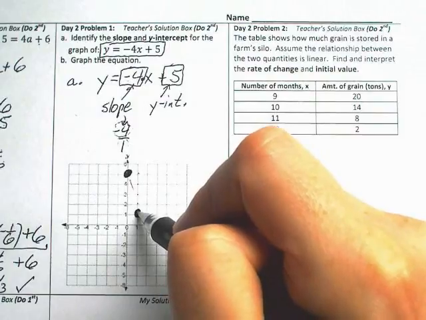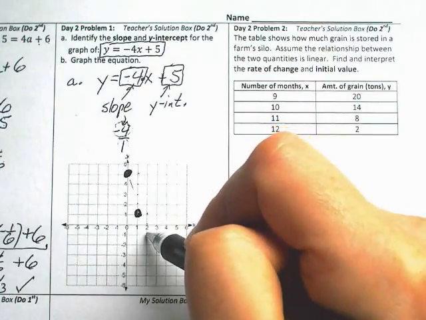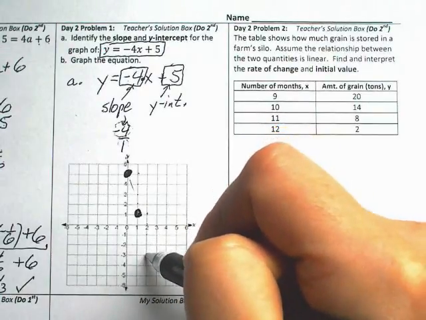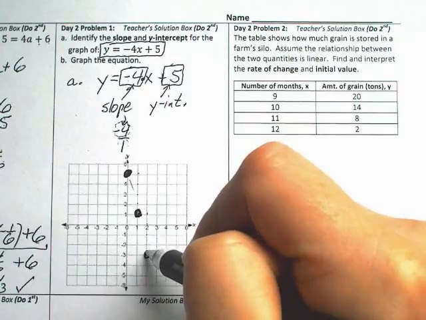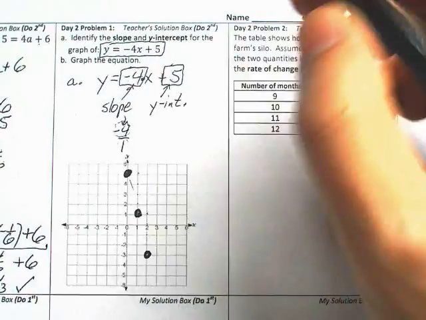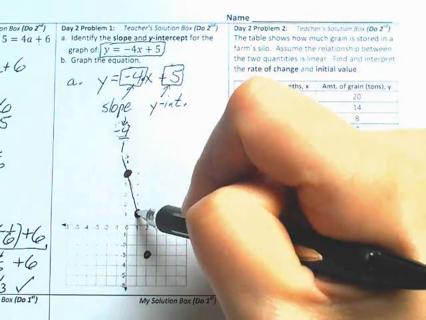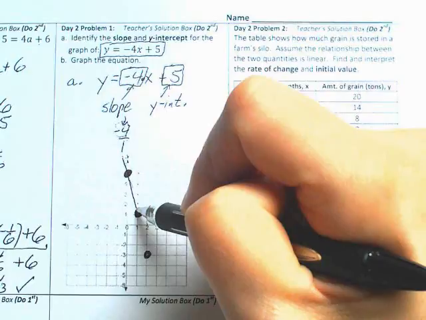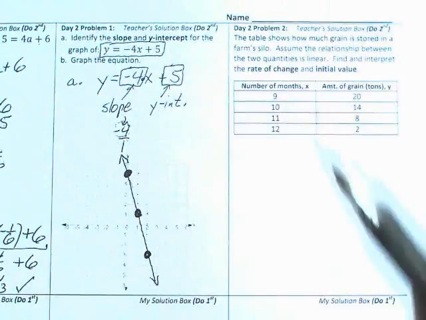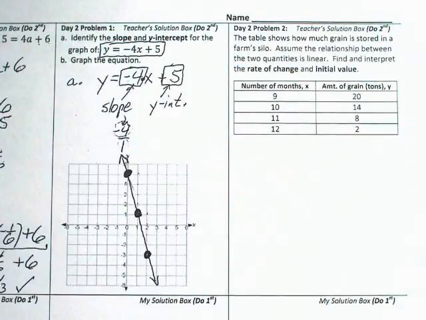Increase x by 1 and decrease y by 4. 1, 2, 3, 4. So here is another dot on the line that is the graph of this equation. And carefully we draw a straight line through the dots. And that is Part B, the graph of the equation.